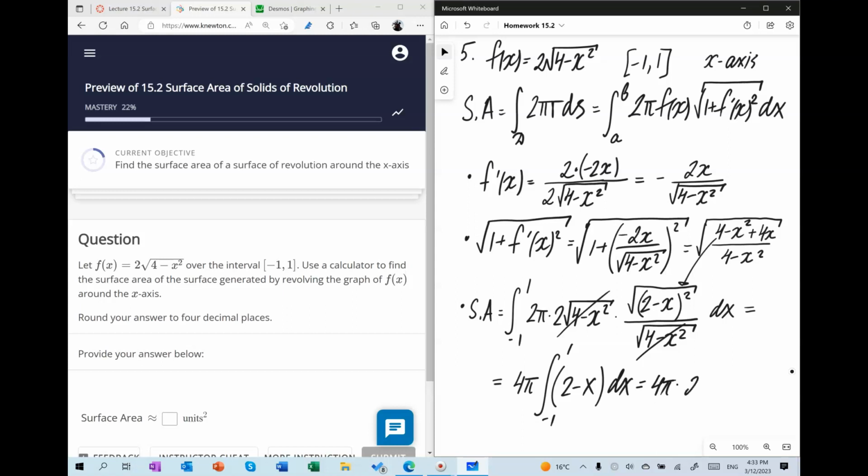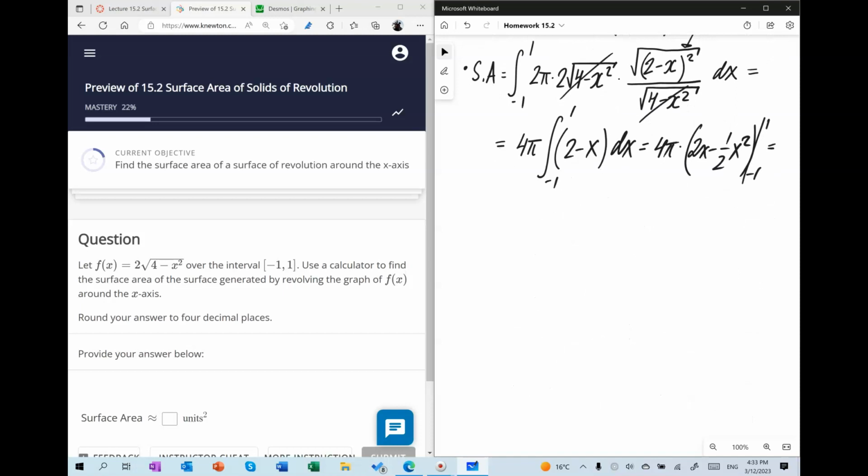Here we have 2x minus 1/2 x squared from -1 to 1. And if I am making a mistake, then I'll show you a nice way of how to use technology for problems like this. Then, as a bonus, here we have application of the fundamental theorem of calculus.